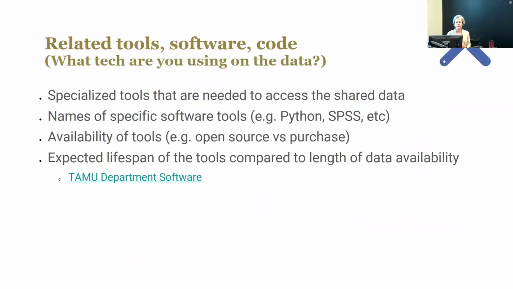And then what related tools or software or code, what tech are you using with this data? Is there specialized tools, special genomic sequencing tools that you're using, or statistical software? How available is it? Is it open source that anybody could use, or is it proprietary software that someone's going to have to go out and buy?